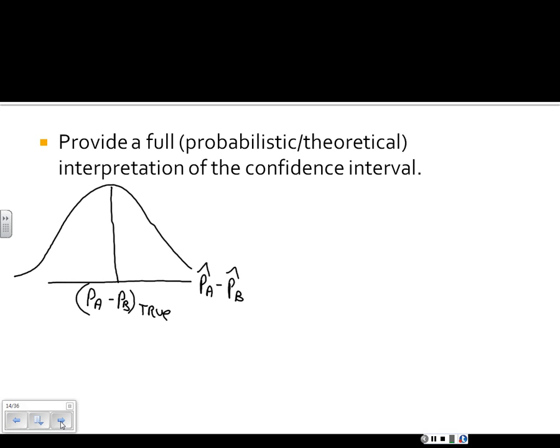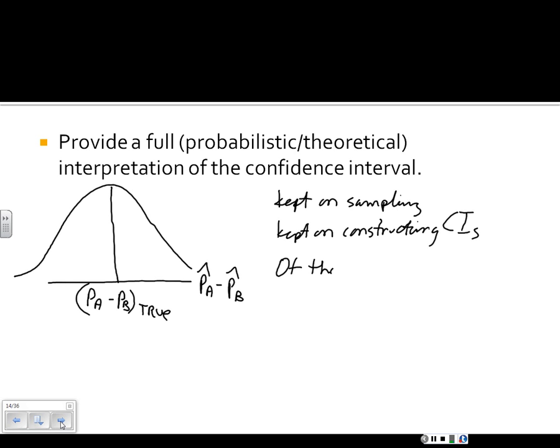And so it has some true value. So if we just kept on sampling, theoretically, all possible pairs of samples of 100 from each one, and then just kept on constructing confidence intervals, then we're going to have a distribution, or a collection, of intervals.